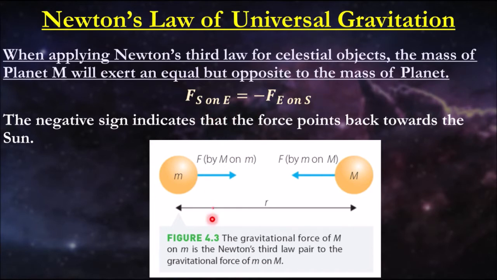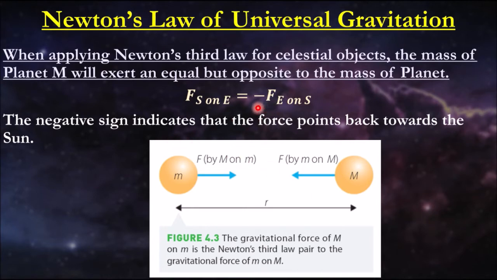So let's say we have two mass objects. They both exert the same force onto each other, but you can see the vector arrows are moving in opposite directions. One is going towards the right, one is going towards the left. That was his idea of how gravitational force of attraction works.